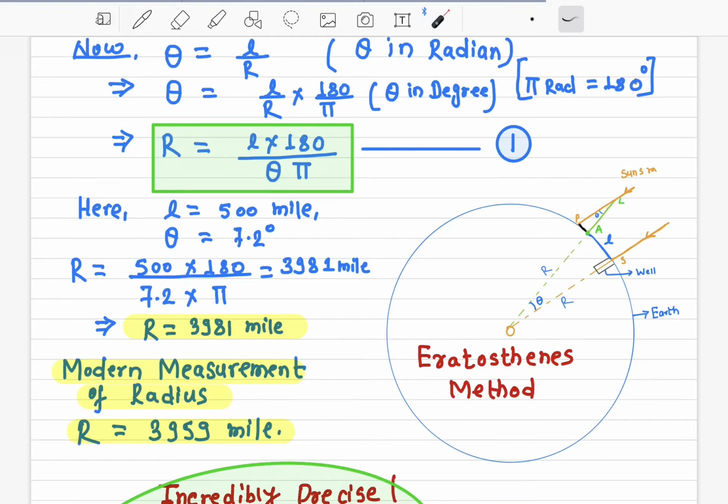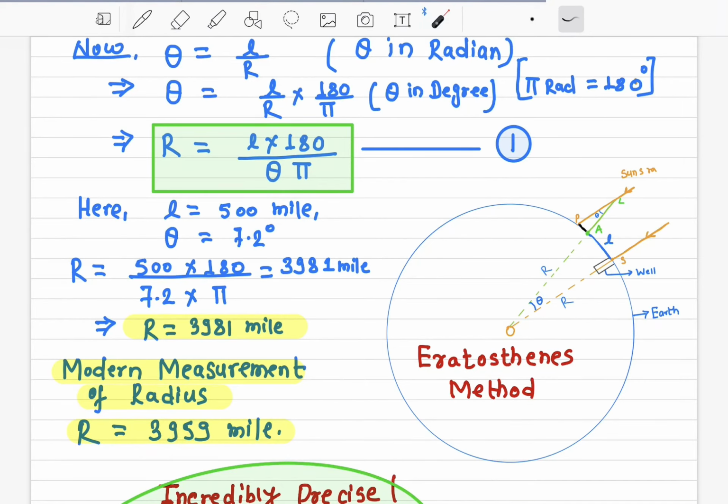L is 500 miles, the arc length, and theta is 7.2 degrees. Solving it, you get the radius of the Earth as about 3980 miles, and the modern measurement of the Earth's radius is 3959 miles.